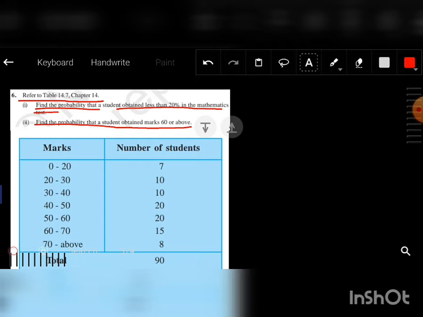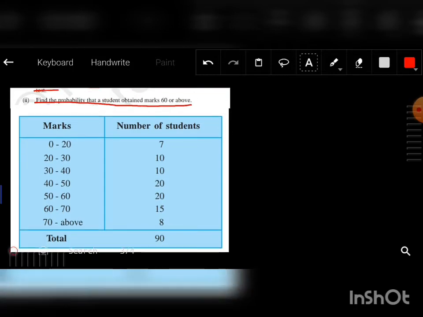So here the table is given. The students who secure marks between 0 to 20 are 7, and 20 to 30 are 10, 30 to 40 are 10, 40 to 50 are 20, 50 to 60 are 20, 60 to 70 are 15, 70 and above is 8.